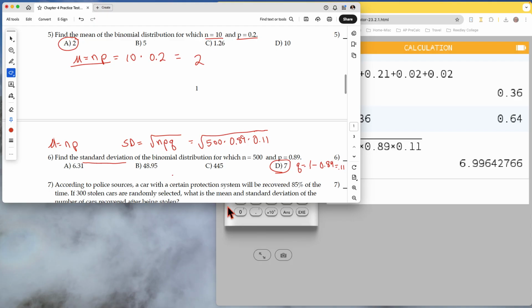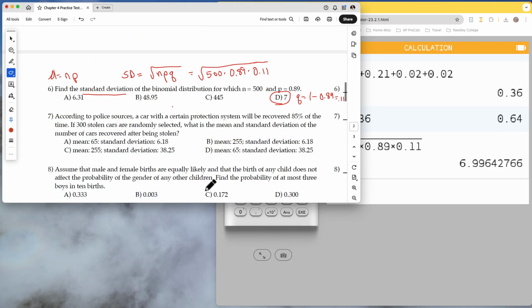All right. Question 7 here. According to police sources, a car with a certain protection system will be recovered 85% of the time. If 300 stolen cars are randomly selected, what is the mean and standard deviation of the number of cars recovered after being stolen? Mean and standard deviation.